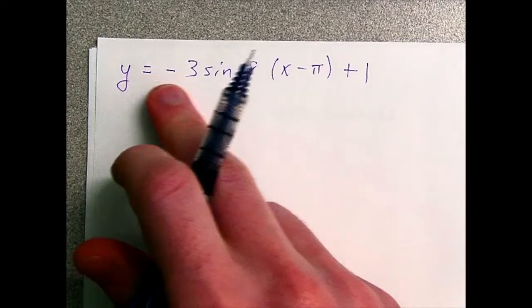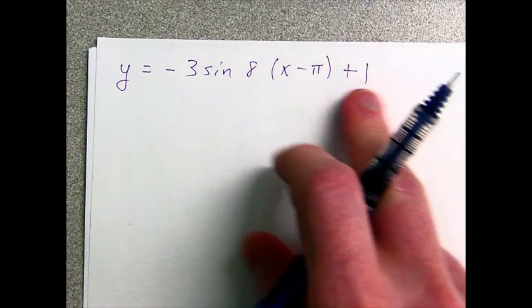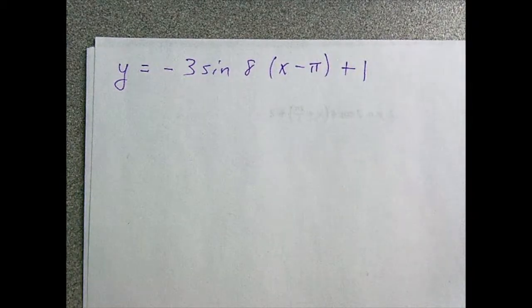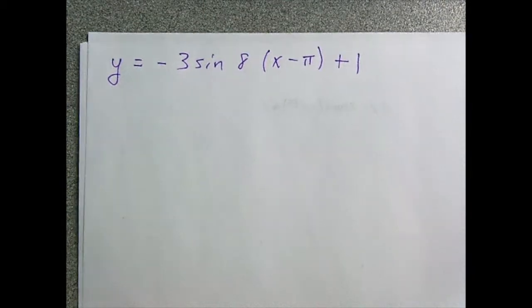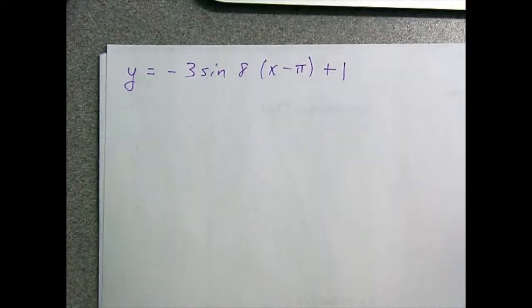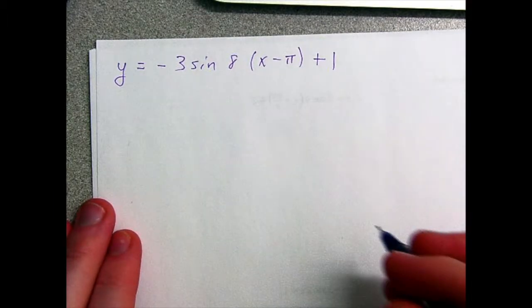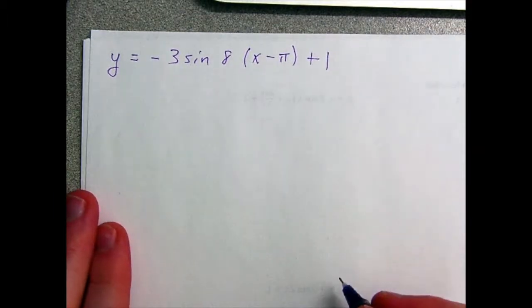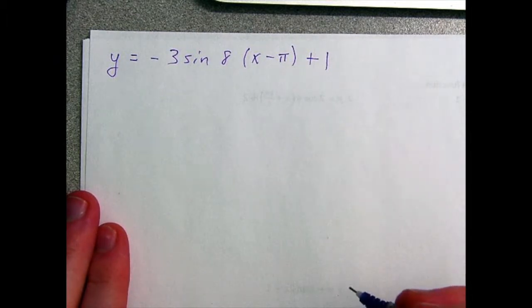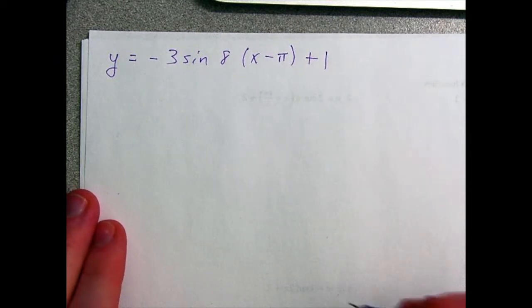What I've got here is a sine function, obviously with lots of transformations applied, and we're just going to graph this thing. So how does it work? What I'd recommend is that you begin by thinking about the midline of the function. So what is the midline?